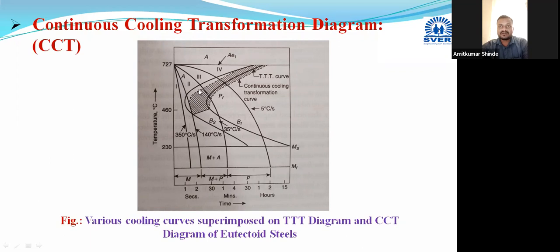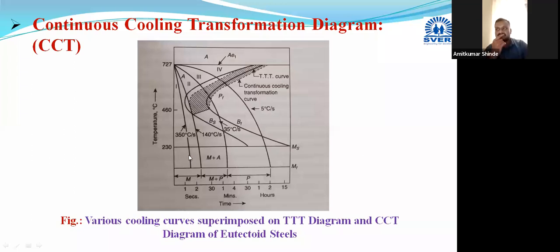This is the CCT diagram indicated by this dotted line.